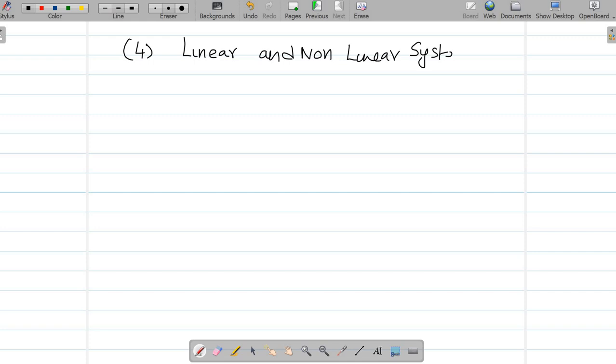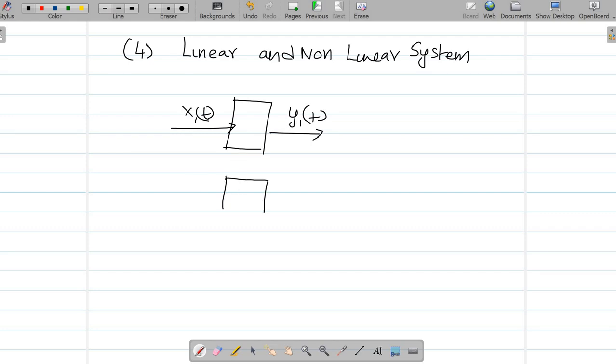Suppose I am having a system which has a system function, and to which I give an input x of t, I get an output of y of t, or maybe I give an input x1 of t, then I get y1 of t. Then to the same system I give another input which is x2 of t, and I get an output which is y2 of t.